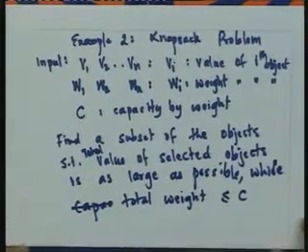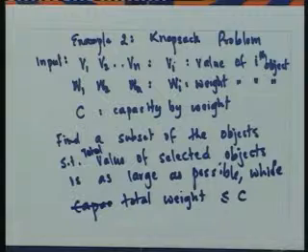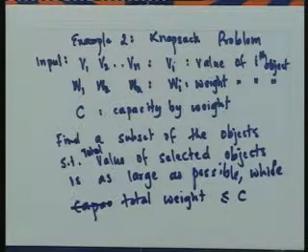Although this problem looks like it arises in the context of objects and values and weights, it can also arise in other contexts. Maybe there are jobs and there are profits associated with the jobs, and we want to decide which jobs to select. So again there is a constraint over here.